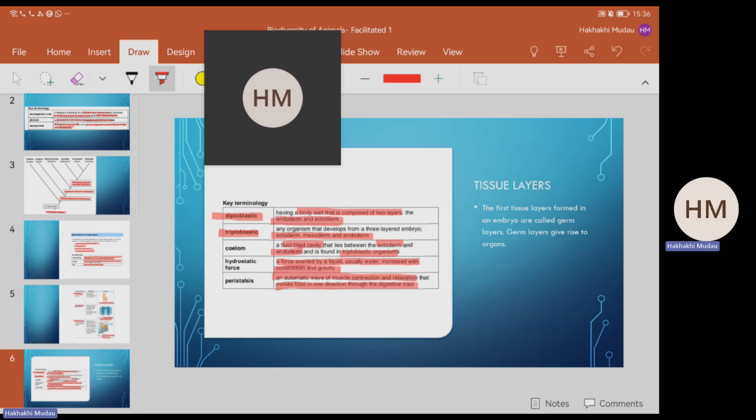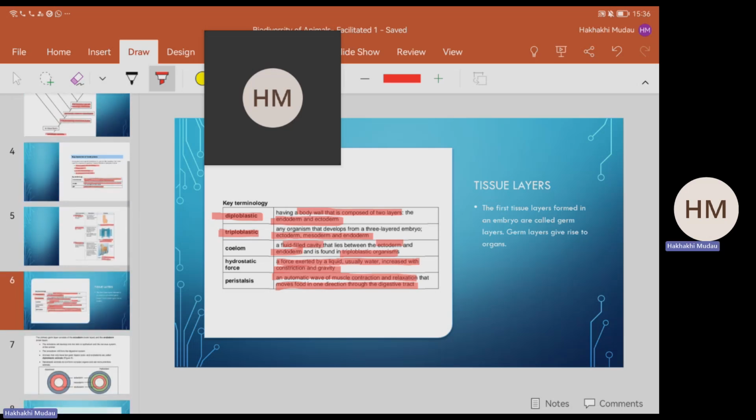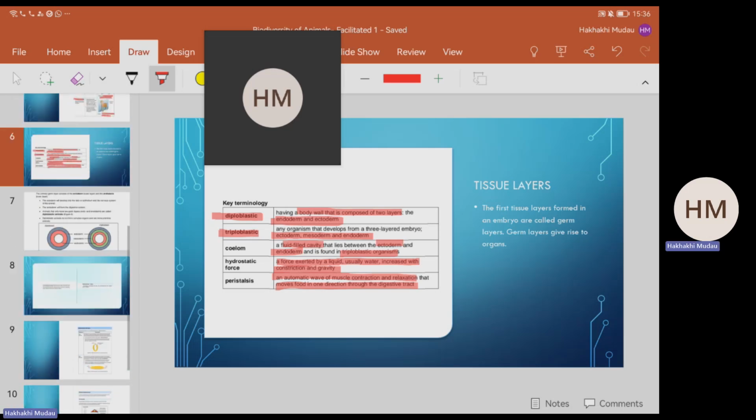So the alimentary canal needs some kind of force to push food down. For it to move food down, it has to constrict and relax, constrict and relax. So it forms a wave of constriction and relaxation that is able to move food down and out of the alimentary canal.